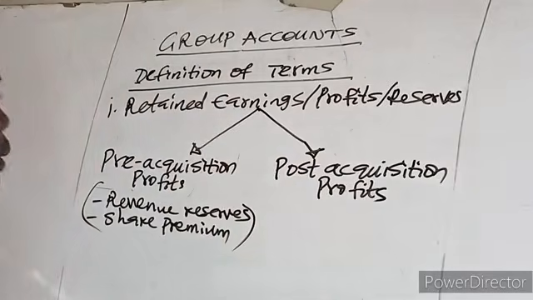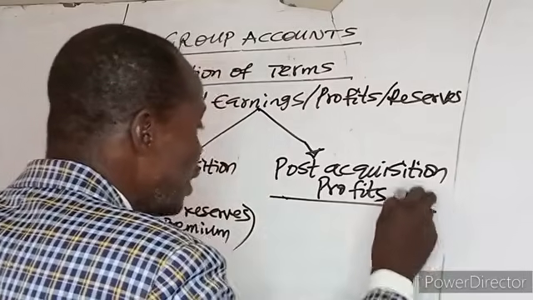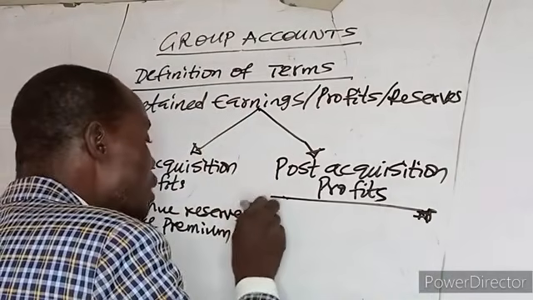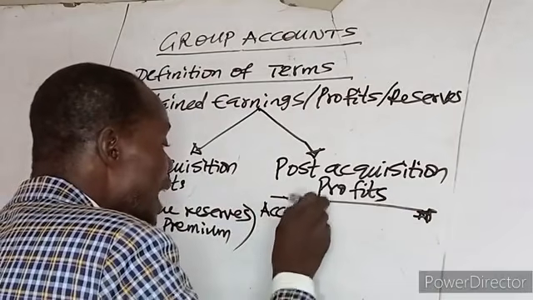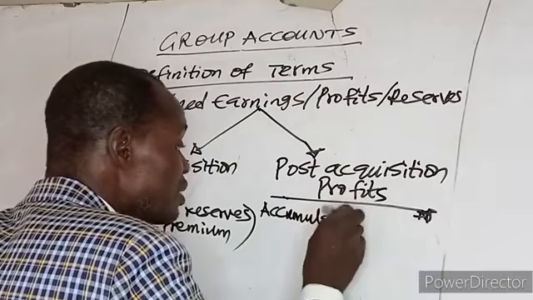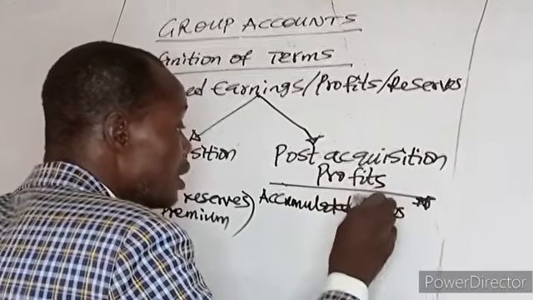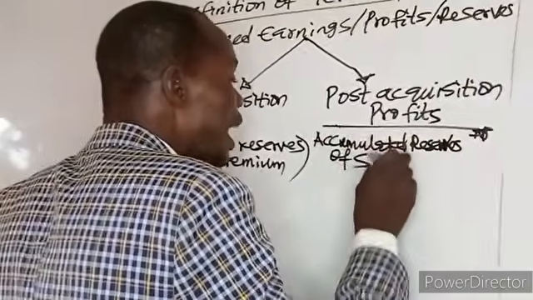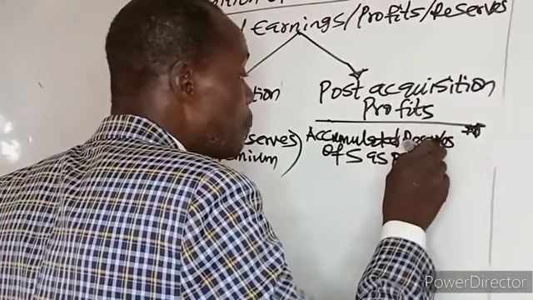Now, to calculate the post-acquisition retained earnings or post-acquisition reserves, you take the accumulated reserves of the subsidiary as per the statement of financial position.